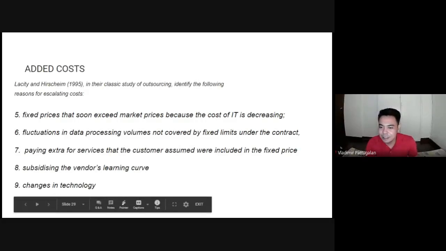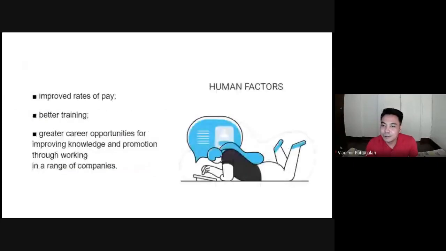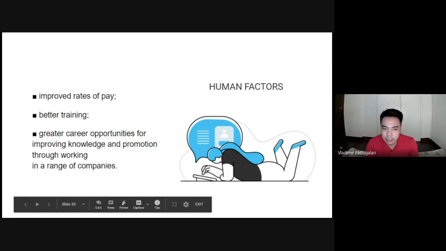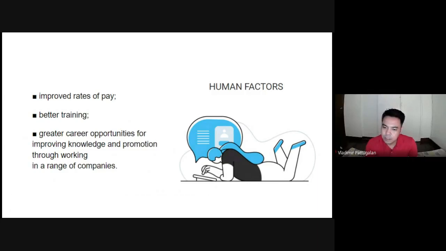Okay. So in the end, besides the costs and inefficiencies, there are also human factors in outsourcing. During outsourcing, as mentioned, some units are either being transferred to the third party vendor and canceled from the firm.